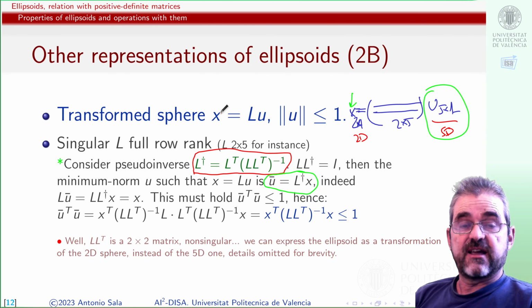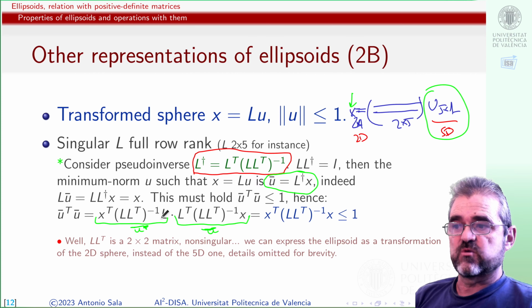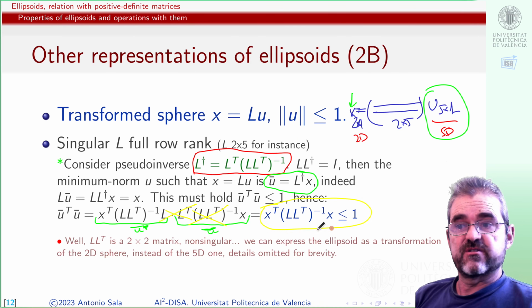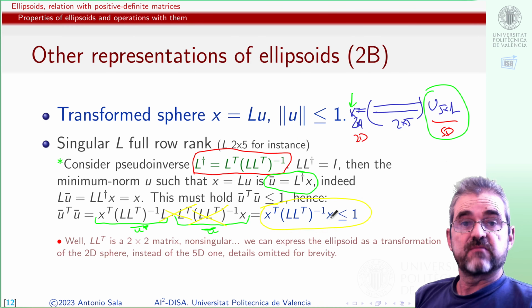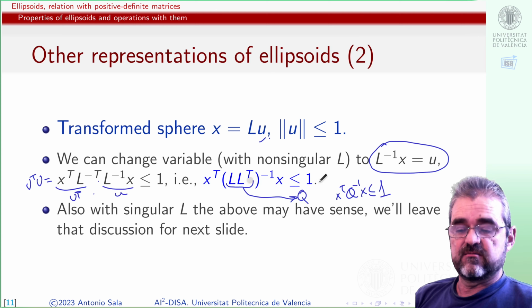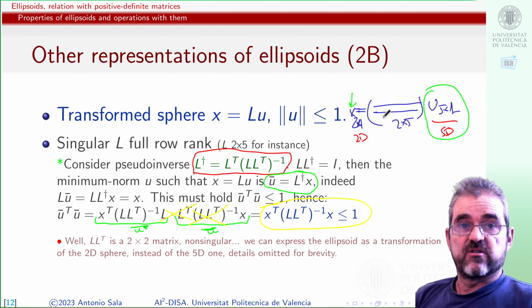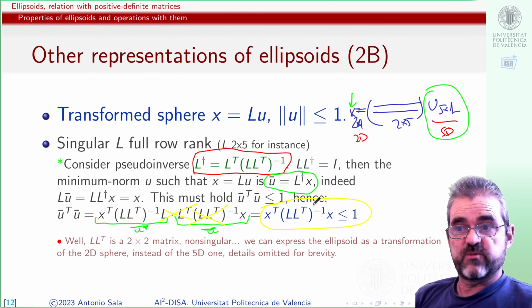So this is bar U, and this is bar U transposed, and a miracle occurs because one L transposed simplifies by one of these inverses, so I get this expression, which coincides with the one I got with the non-singular L. So if L is full row rank, with linearly independent rows, then we can keep this expression.